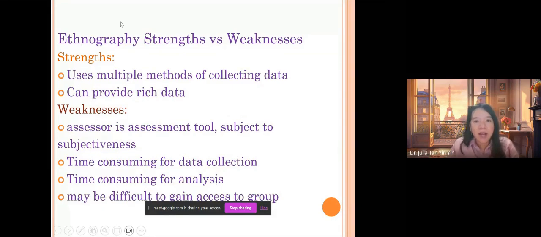What's the strength of ethnography research? Firstly, it uses multiple methods of collecting data and provides us with very rich data, because we interview, we observe, and we get involved inside the study.